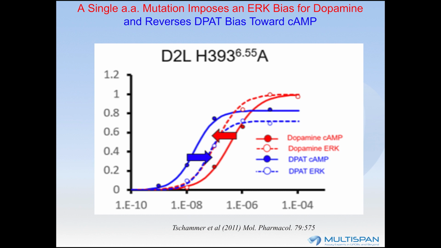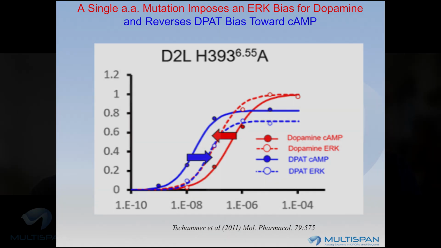As you see, we now completely change the relative bias effect for these two pathways. So differences in human and animal receptors can confer differences, of course, in binding, differences in allosteric effect, and certainly differences in biased signaling.